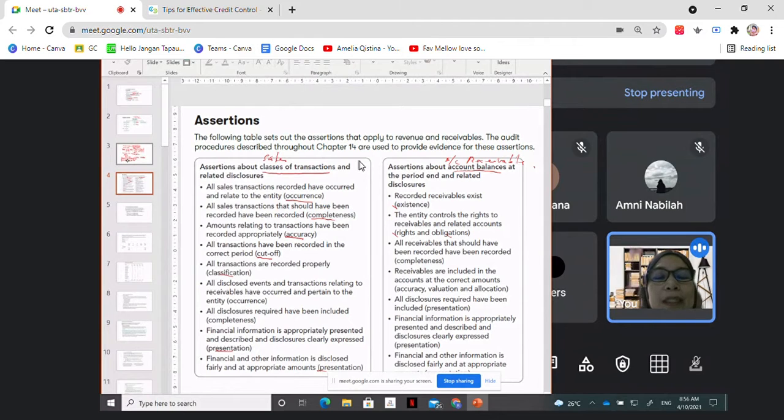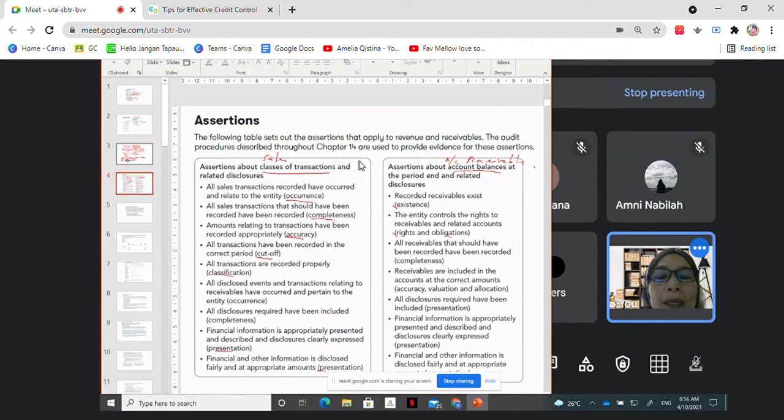Whether the account receivable is actually the right of the company, or an obligation, where the company might have transactions with the same customer who is also a supplier to the company.